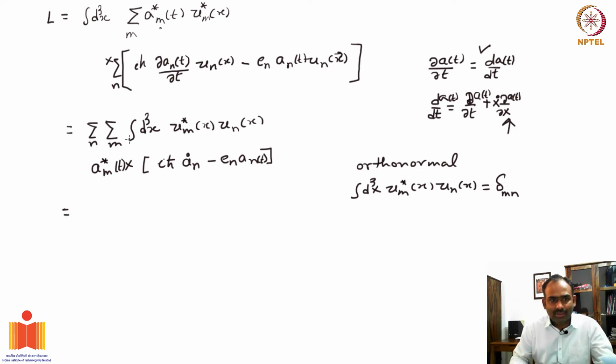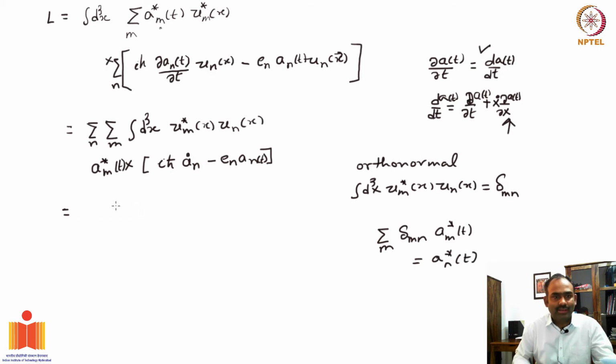Now, when you are summing over all m, so what you get here is summation over m delta m n, and you have a m star of t, okay, another factor does not depend on m. So, it's fine up to here, and when I sum it, it will pick up a n star.